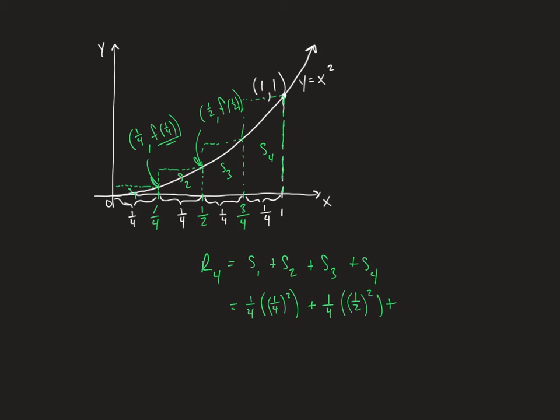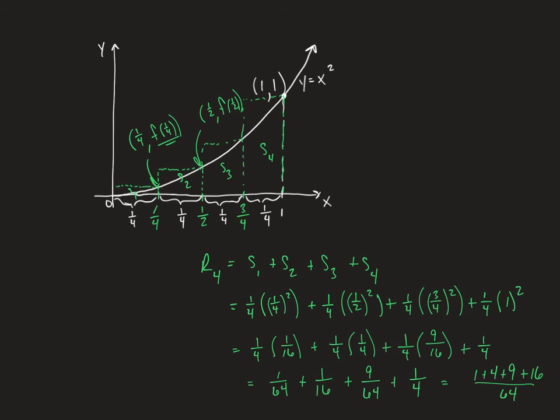Plus, now I have a third rectangle which has the same base, but you're starting to pick up on the pattern here. But this time, it's the height of the point at 3/4. And finally, the fourth rectangle has a height of 1 squared. And so by adding all this up, we do assume it's going to be an over approximation, but we're going to have an actual number here.